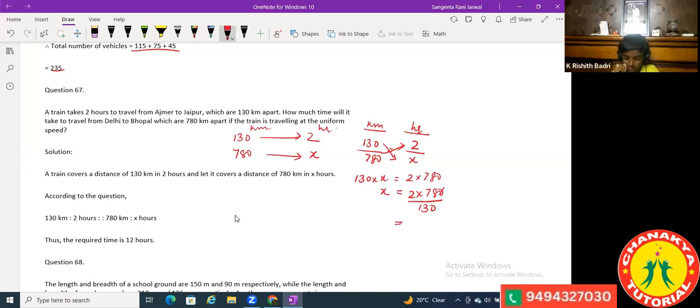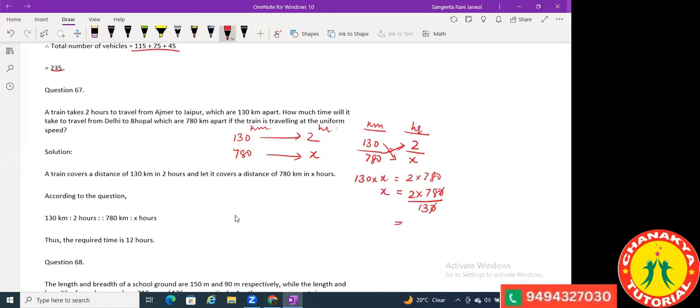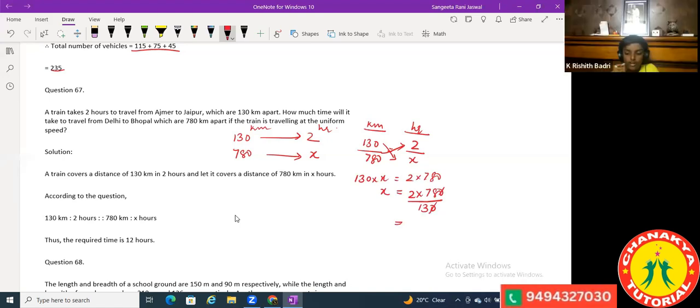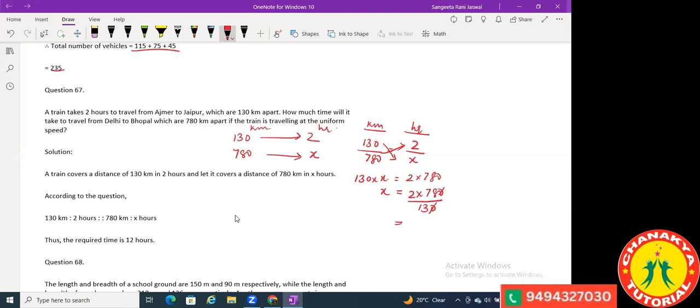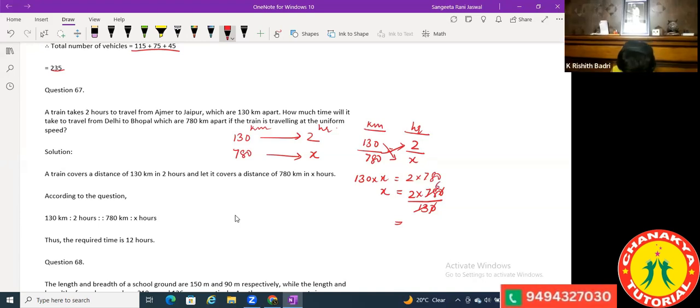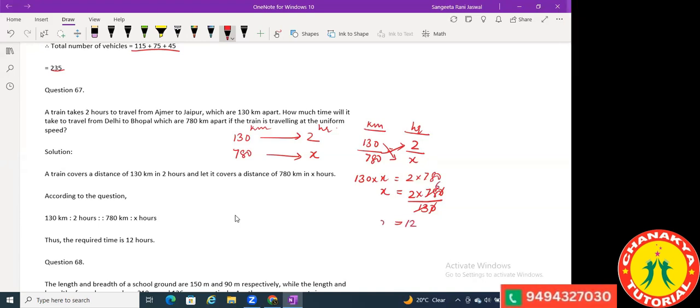So when you reduce to a simpler form, 40, ma'am. No, ma'am, wait. Okay, this can go with 6, 13, 6. So that is 12. Okay. Yes, ma'am. I got it.